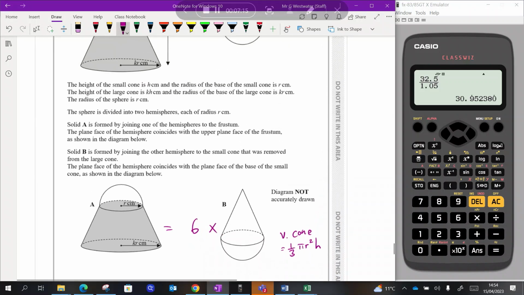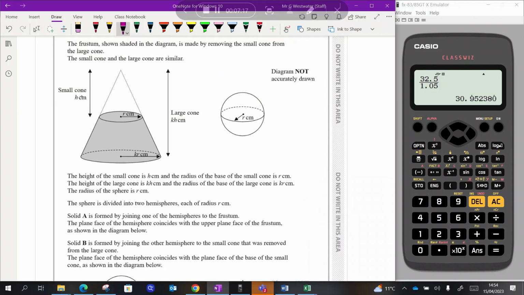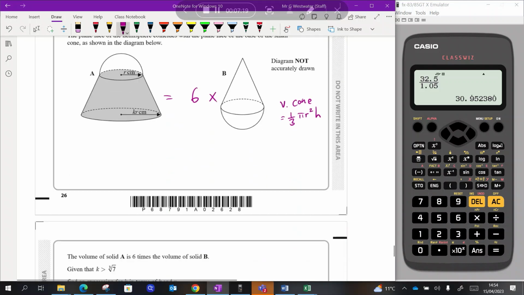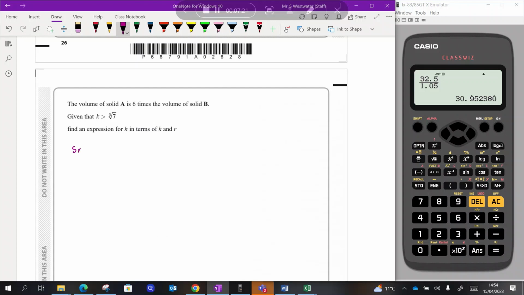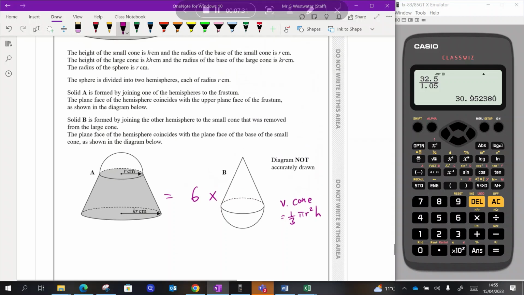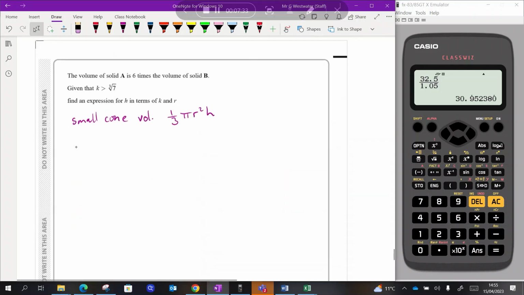Okay, so if our radius is r and my height is h, then the small cone will have a volume of 1/3 pi r squared h, which means the frustum, or let's do the large cone first, would have a volume of 1/3 pi.